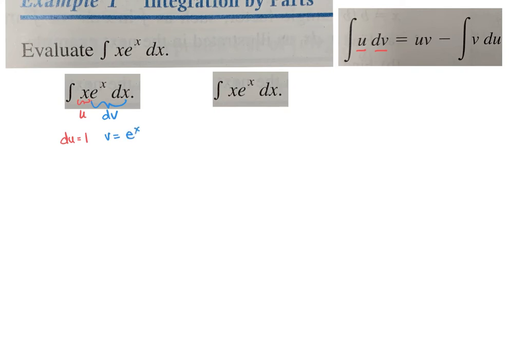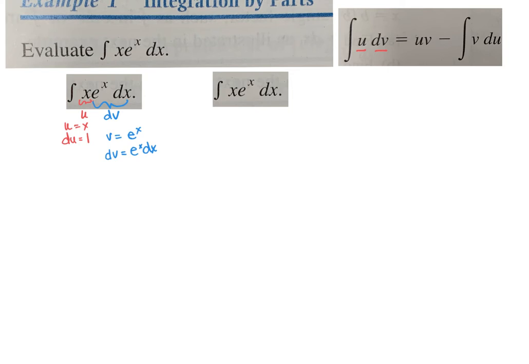Just e to the x, right? So that's one of my options. One of my options is that I would have a u of x, and a v of e to the x, and a dv of e to the x dx, right? Those are my first pair.